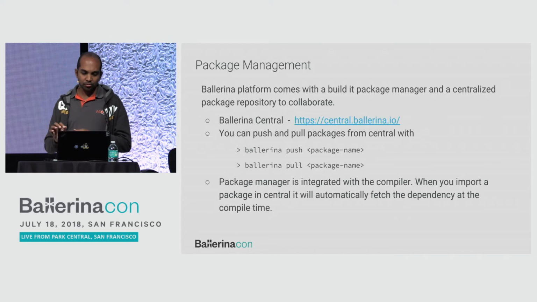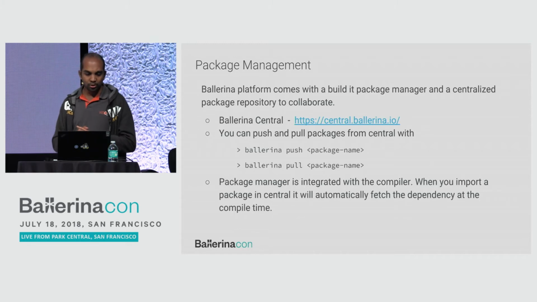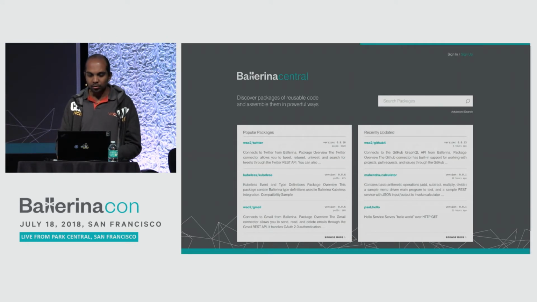But for the time being, you have to use Ballerina pull in order to get support in the language server. Language server suggestions would work once you pull a package beforehand. So this is what the central looks like.